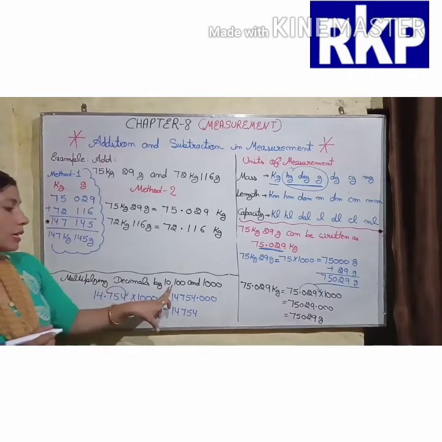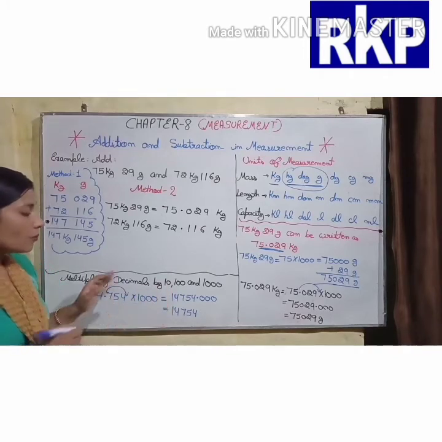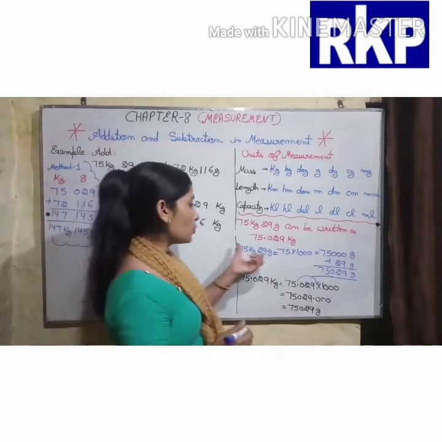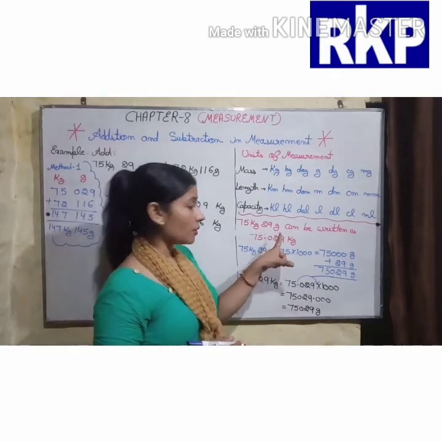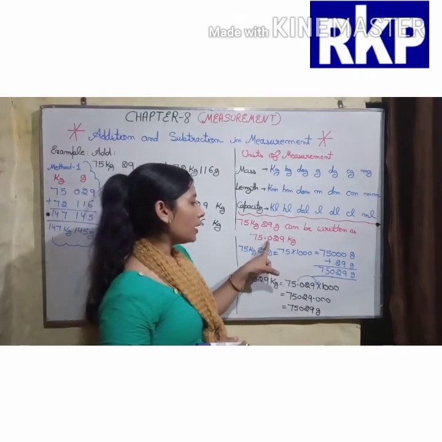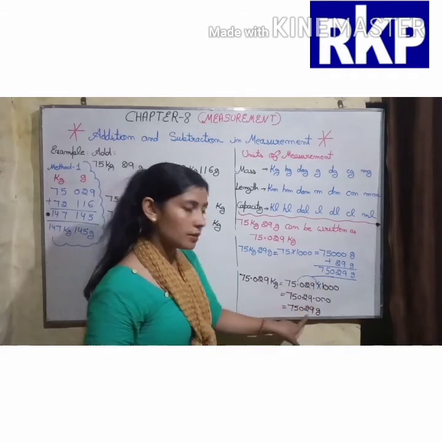If we multiply with 10, we shift the decimal point only one digit. So students, we can write 75 kilogram 29 grams like 75.029 kilogram, because by both we will get the same answer.